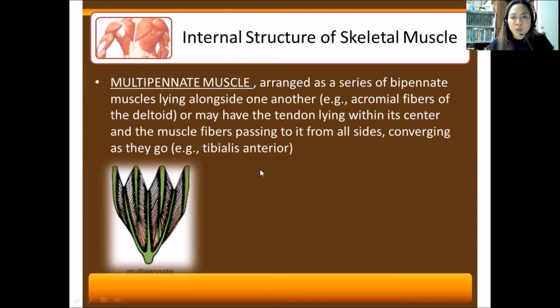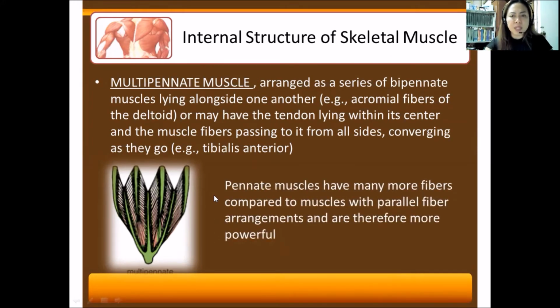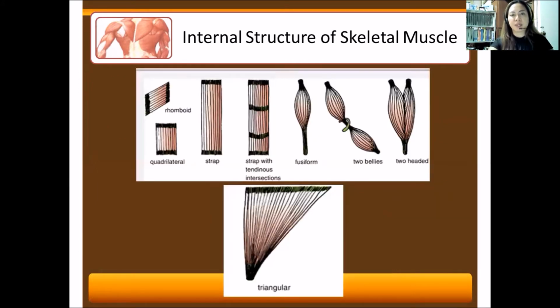So both tibialis anterior muscle and the acromial fibers of the deltoid are multipennate muscle. Pennate muscles have many more fibers compared to muscles with parallel fiber arrangements and are therefore more powerful. Okay, mas powerful itong si multipennate muscle.